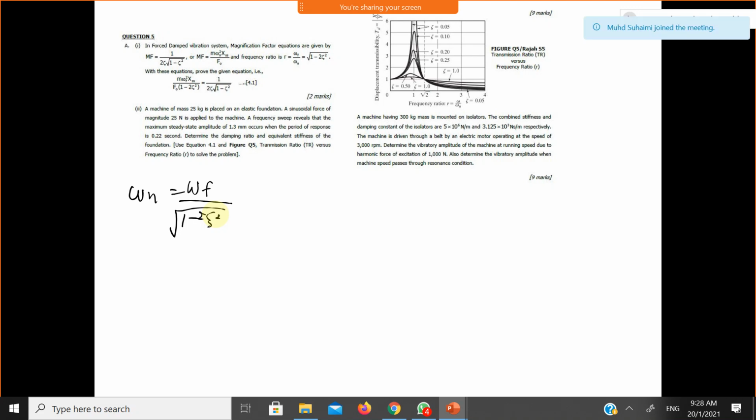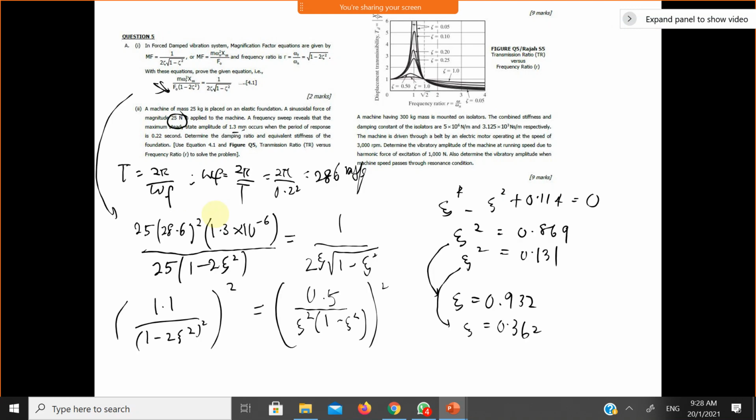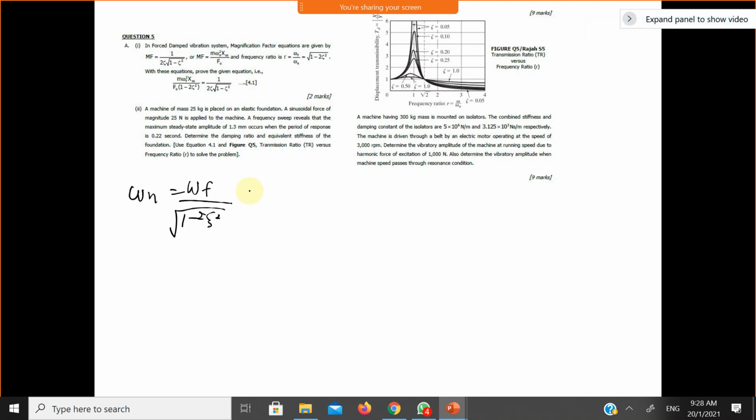So you must make sure that the value you choose is valid. Valid means the more suitable zeta, we need to choose as 0.362. So we substitute into this 28.6 over the square root of 1 minus 2 times 0.362 squared. Alright, and then we will get omega n, 33.5 radians per second.